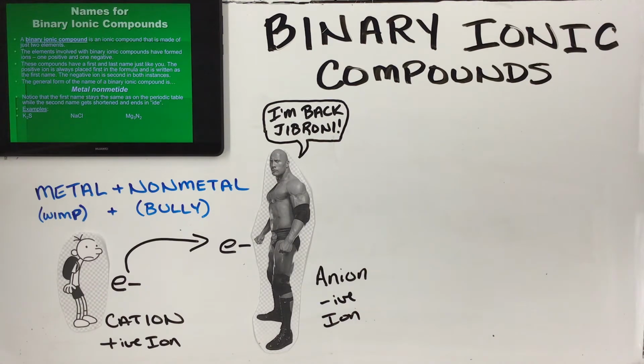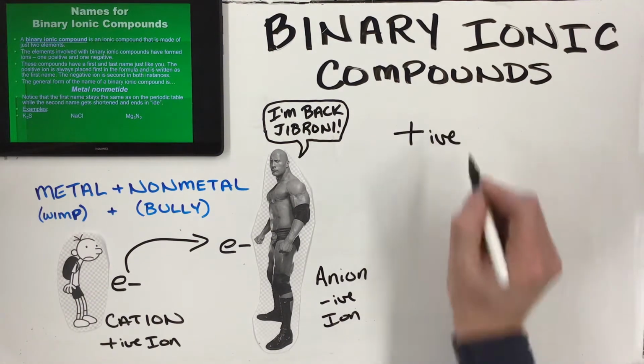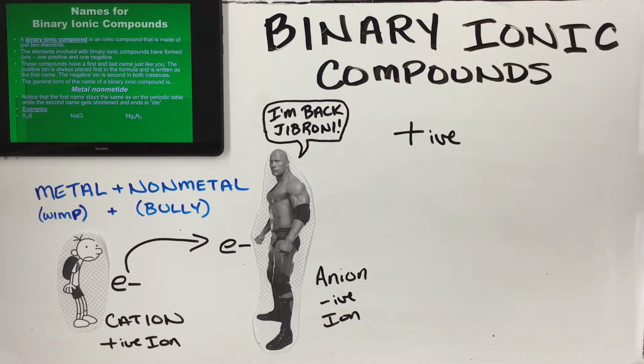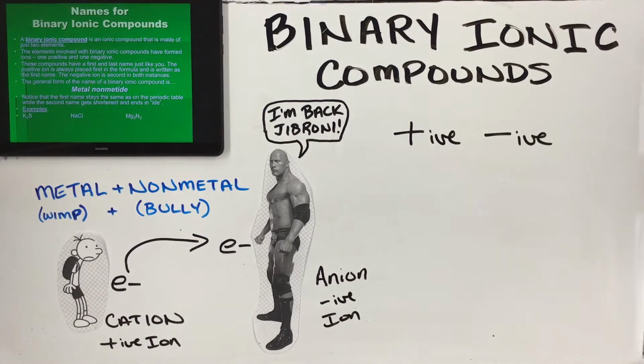Now, we have to represent both elements in the name. We have to represent the metal and the nonmetal. So these ionic compounds will have a first and last name just like you. Here's the rule. When you have an ionic compound, the positive ion goes first in both the names and the formulas, followed by the negative ion.